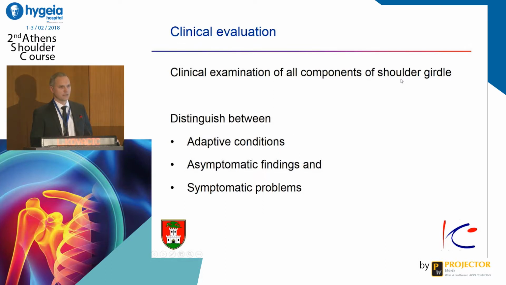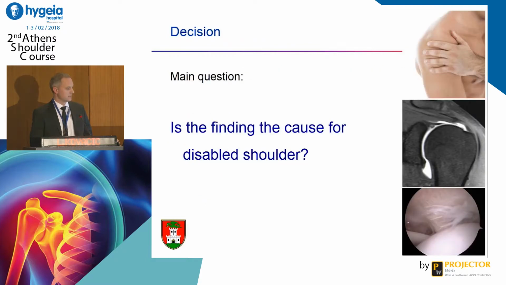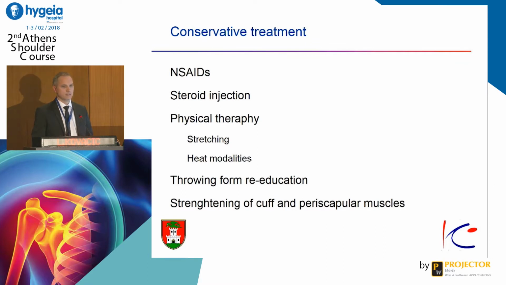So in clinical evaluation, it is very important to distinguish between adaptive conditions, asymptomatic findings, and symptomatic problems. So the main question, even for me, in clinical practice is whether the finding is the cause for the disabled shoulder. The conservative treatment is very important. It's very demanding. It's not an easy one, and it was very well explained before.